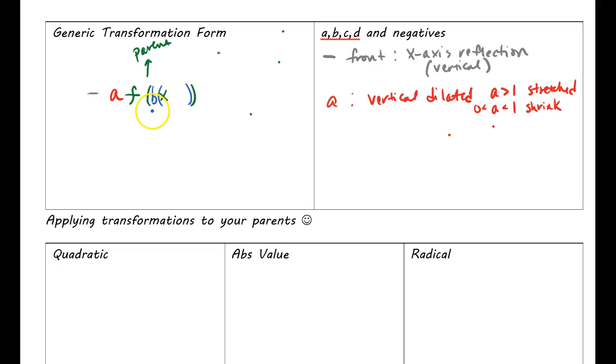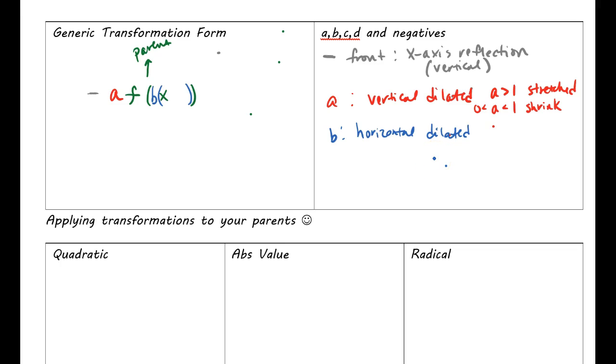If you have a multiplier on the inside of your parentheses, then that b right there is a horizontal dilation. Horizontal. This doesn't happen very much. In fact, I don't even think I'm going to put it in your practice problems because this is really hard to wrap your head around.